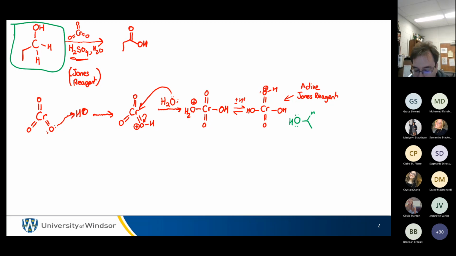Put that in green so we can track it. Just going to draw in the hydrogens. We'll see why. And we're going to attack the chromium. So let's just keep track of what belongs to what.